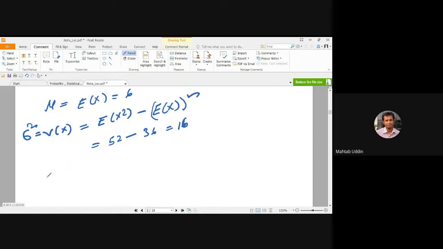And finally, variance of x plus 4. We know variance of ax plus b is equal to a square variance of x. Here the coefficient is 1. So 1 square variance of x, which is 16. Do you understand? Yes, sir. Easy math.